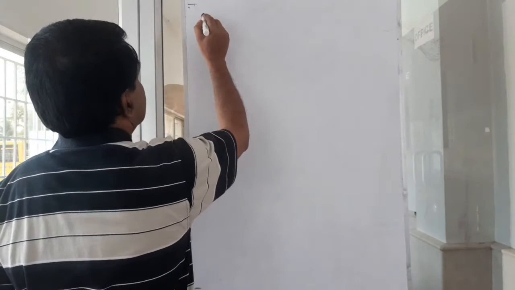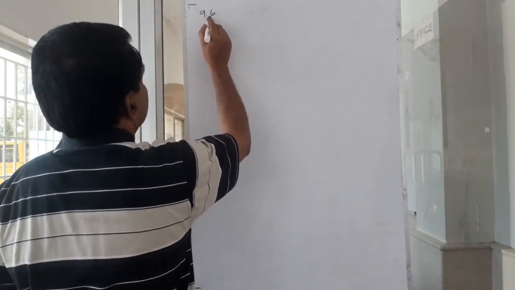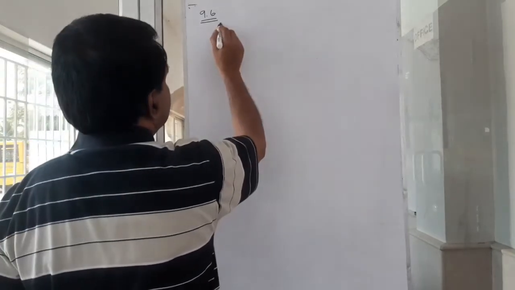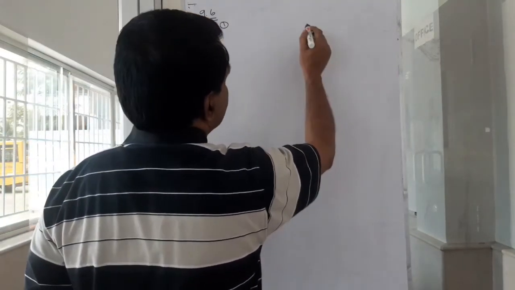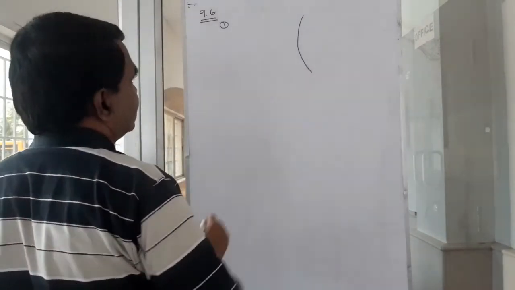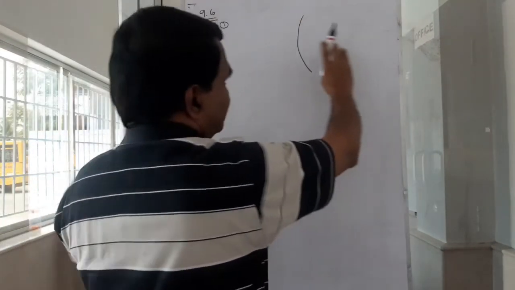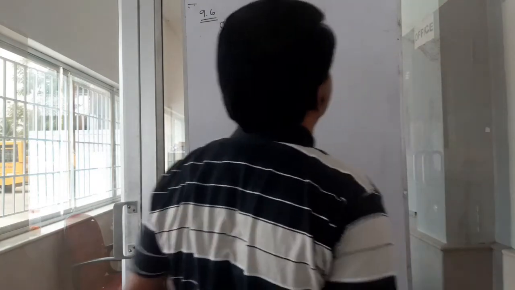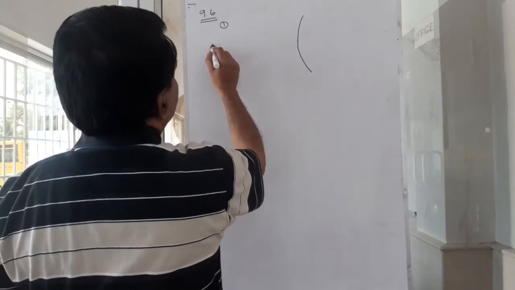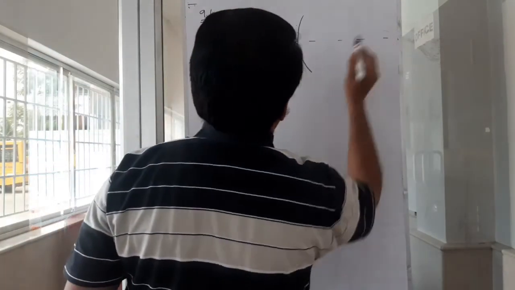So, example 9.6. So I have air as a medium here, this medium 1, and medium 2 on the other side, so I have a spherical surface. Okay, so this is continuous medium, all glass. Here all air. Now, you can do this.